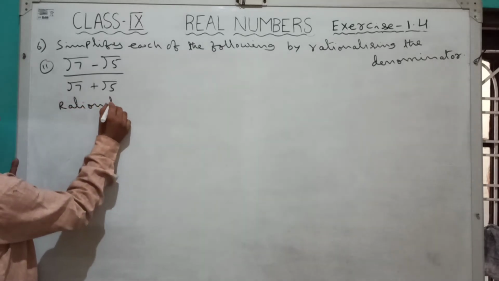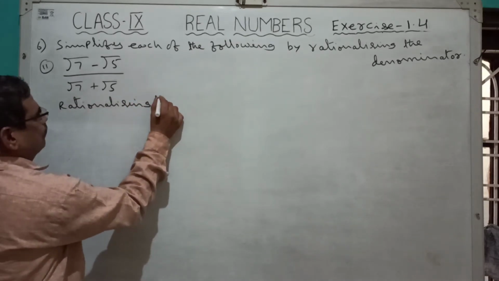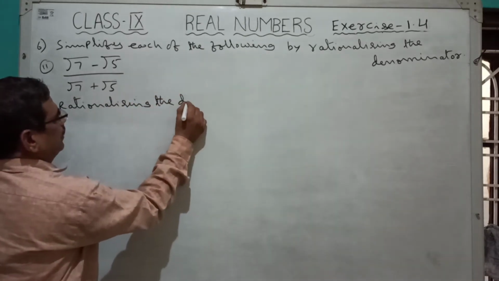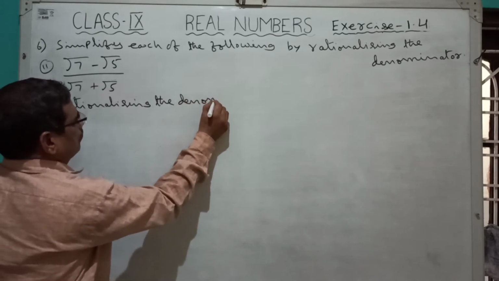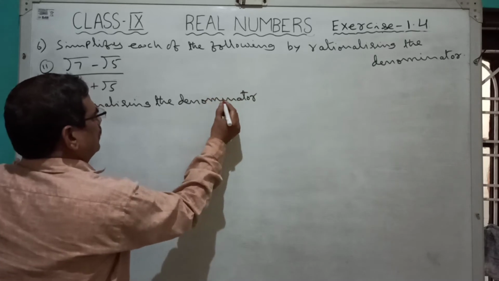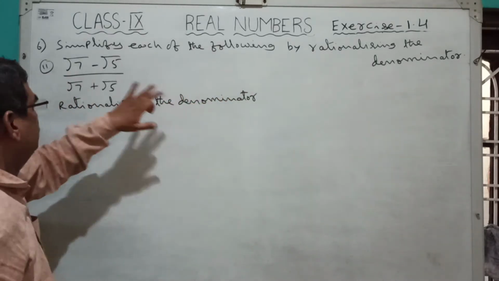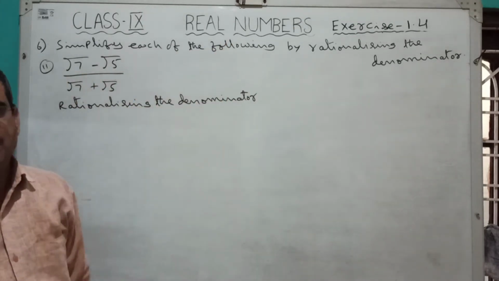Rationalizing the denominator means multiply and divide the denominator with the opposite symbol.